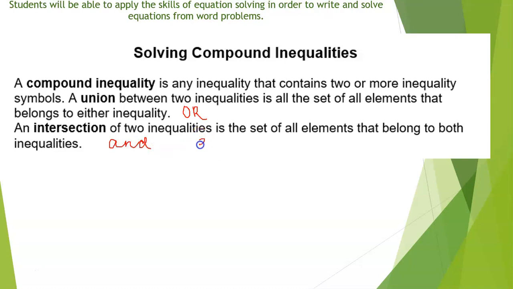Or we're going to see something like 3 is less than x and less than or equal to 4. Okay, and just to review, when we write that in interval notation, because this is less than, we would have a parenthesis, then 3, comma 4, because that's the endpoint, and since that's or equal to, that would have a bracket.